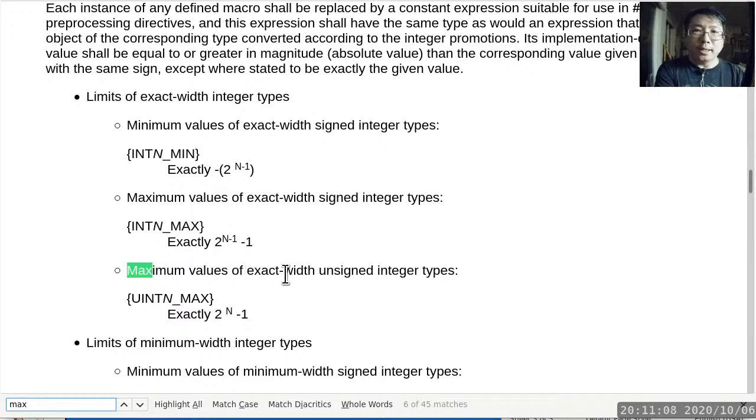Maximum value of exact-width unsigned integer types, uint n underscore max. If anyone is just going to type this into the program, as in uint n underscore max, I will not help you.